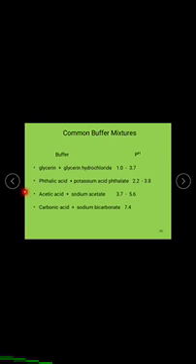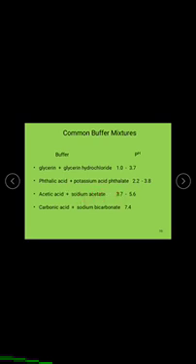Acidic buffer solution is prepared by the mixture of weak acid and its salt of strong base. Examples are acetic acid and sodium acetate, carbonic acid and sodium bicarbonate. Here is a weak acid. When it reacts with a strong base like sodium hydroxide, it forms this sodium acetate salt.